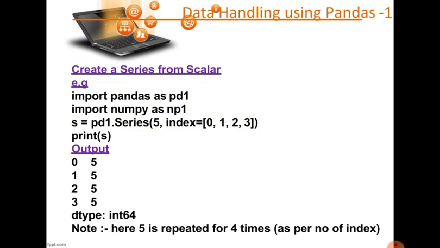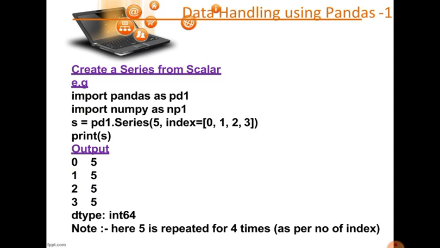Create a series from a scalar. Example: import pandas as pd1, import numpy as np1. s = pd1.Series(5, index=[0, 1, 2, 3]), print(s).